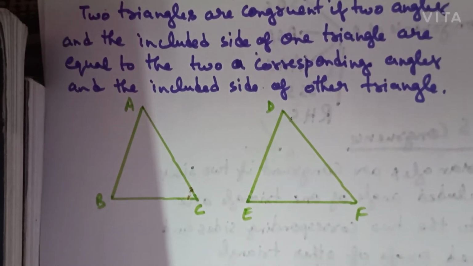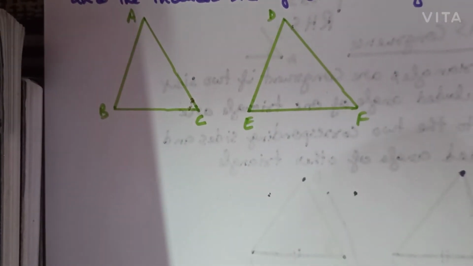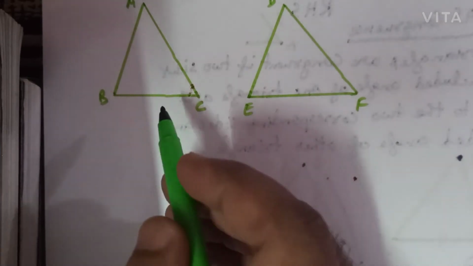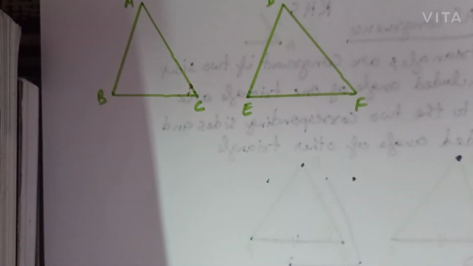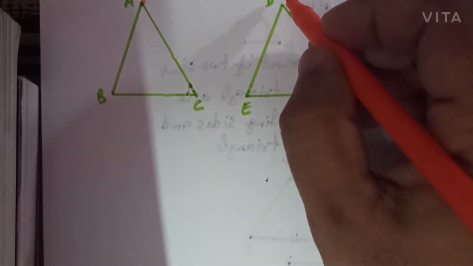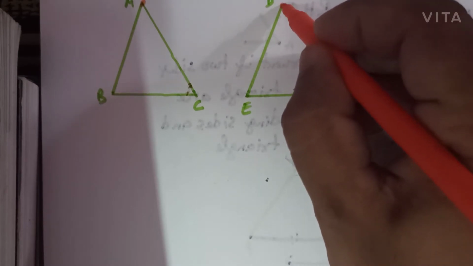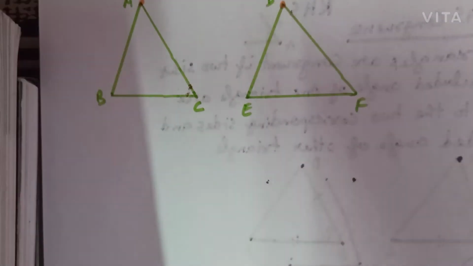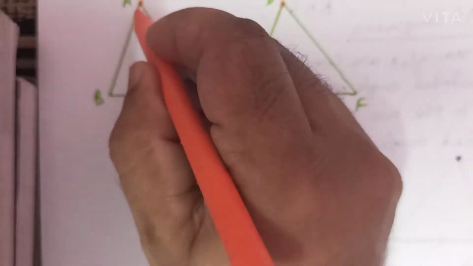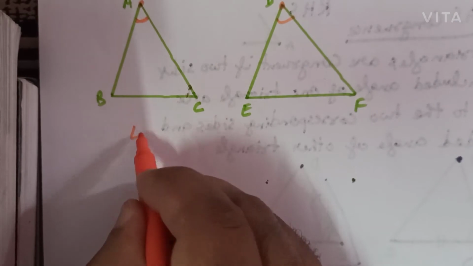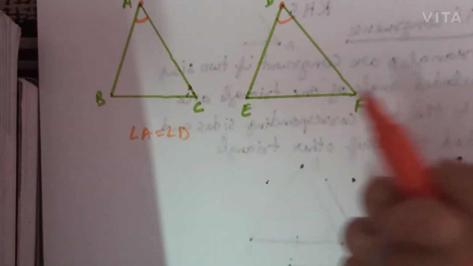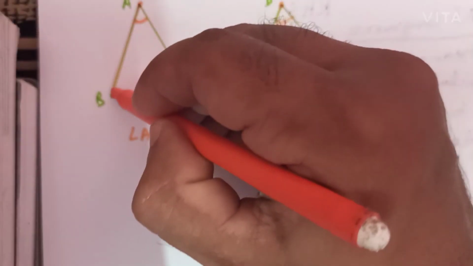Let's see how. If we are taking two triangles as triangle ABC and triangle DEF, we are starting from vertex A in triangle ABC and vertex D in triangle DEF. So angle A is equal to angle D. Then from A we are moving to the vertex B, suppose.